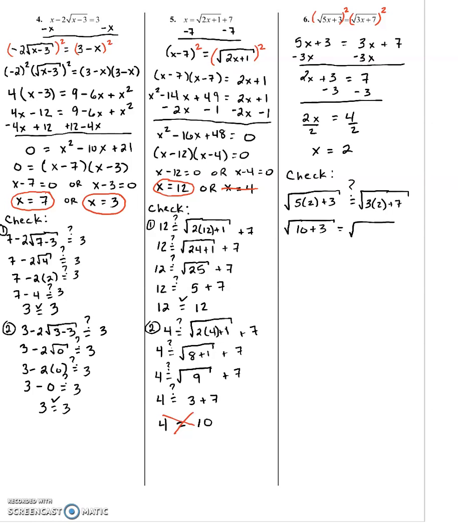And on the right-hand side, we have 3 times 2, which is 6, plus 7 under the square root. So we come up with the square root of 13 on the left-hand side and the square root of 13 on the right-hand side, which are indeed the same. So that checks, and x equals 2 is our solution.